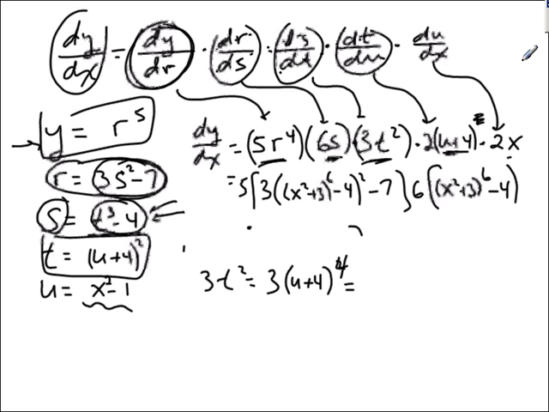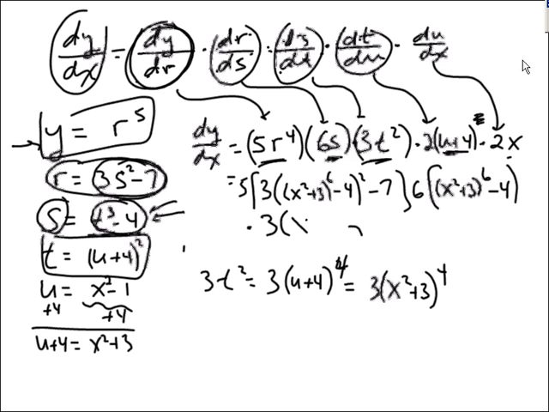But u plus 4, this adds 4 to both sides. We've been doing a lot of plus 4. Is x squared plus 3. So you have 3 times (x squared plus 3) to the 4th power. So it's times 3 times (x squared plus 3) to the 4th power times 2 times (u plus 4).